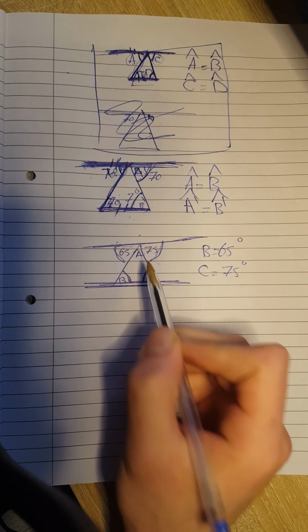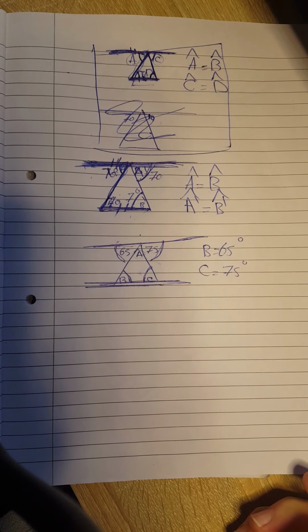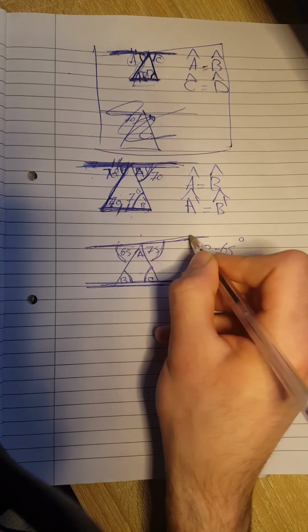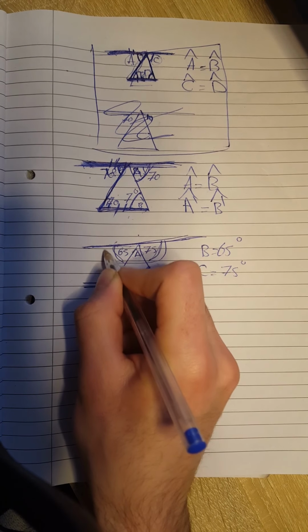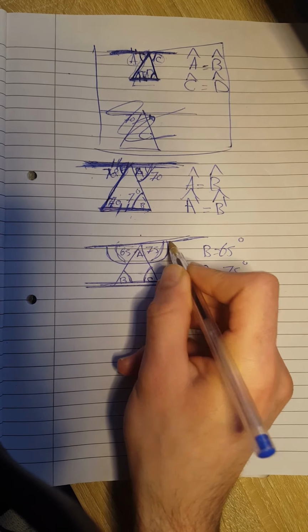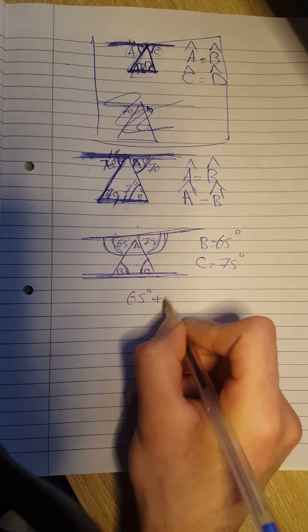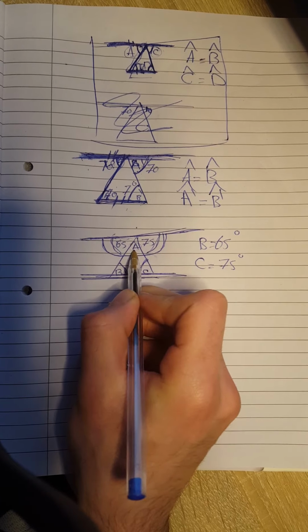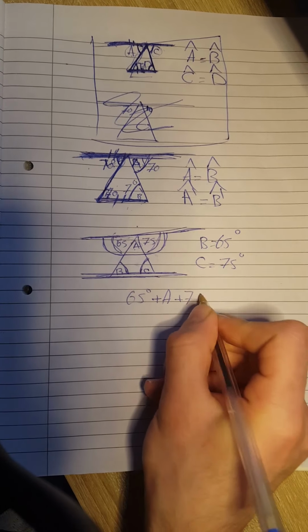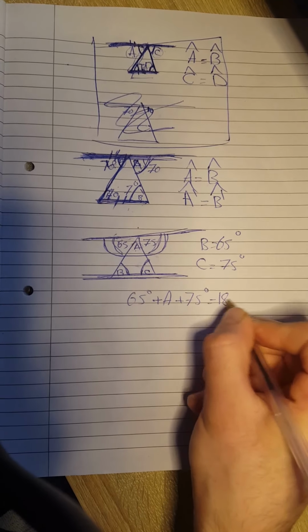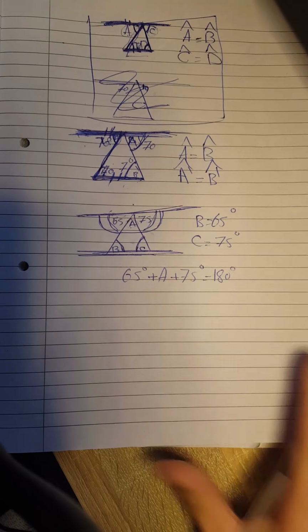What about A? How can we find A then? As we know, we've got a straight line in here, and the angle of a straight line is 180. So I've got 65 degrees plus A plus 75 degrees. That should give me 180 degrees.